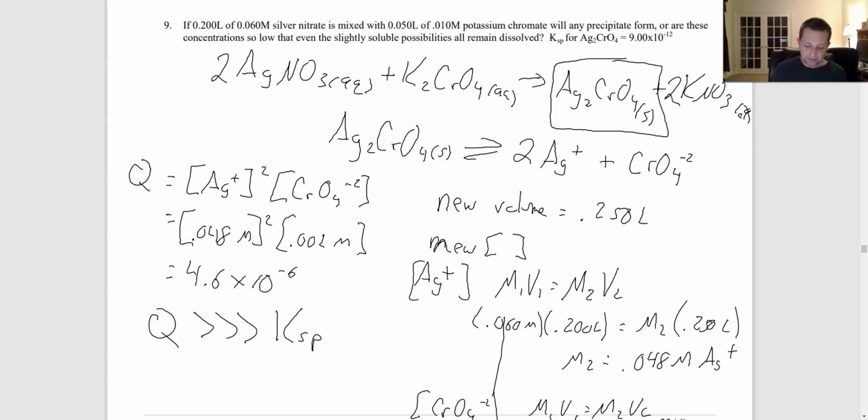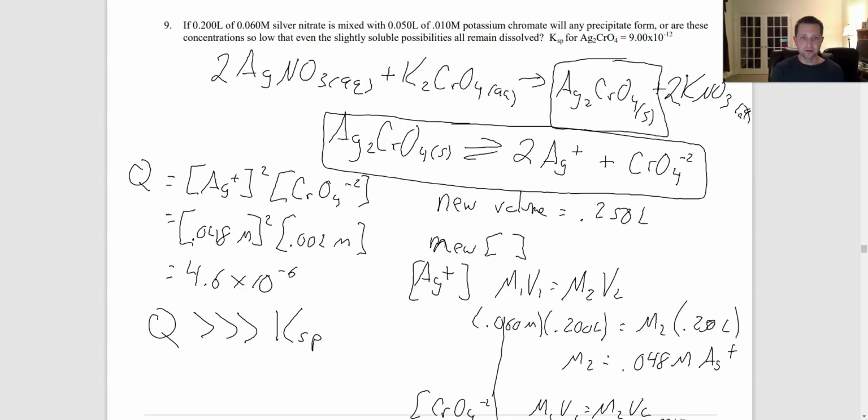We're using this equation right here. This reaction occurs, and I want to create this solid precipitate. I need to figure out, are there enough ions in solution to make it saturated so this actually is formed?